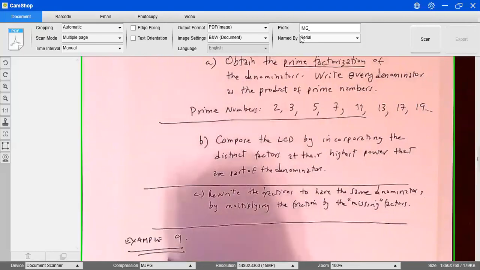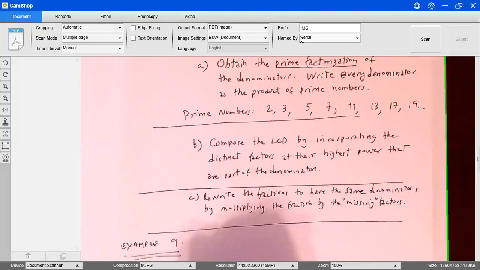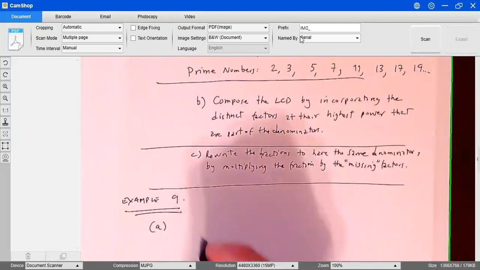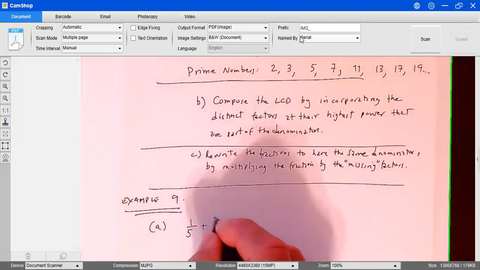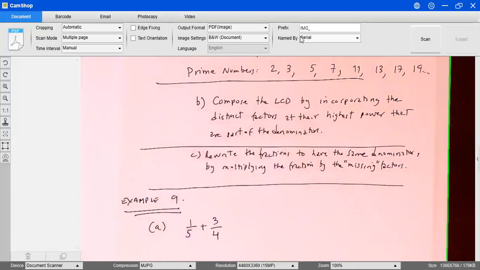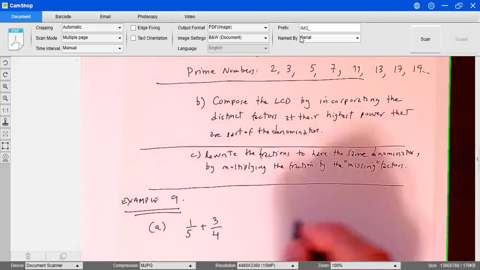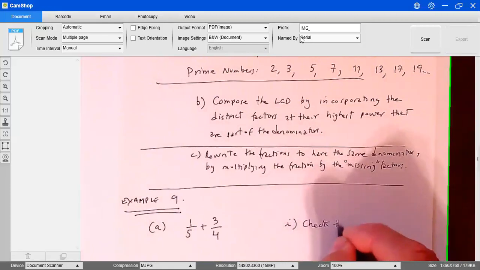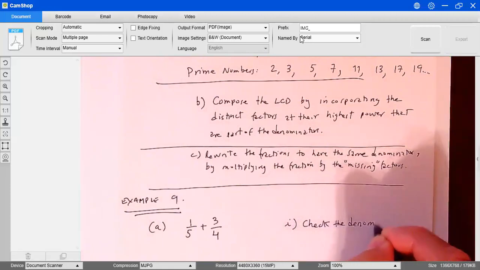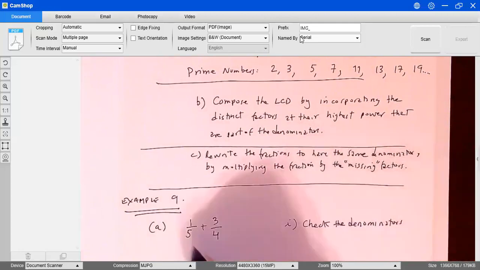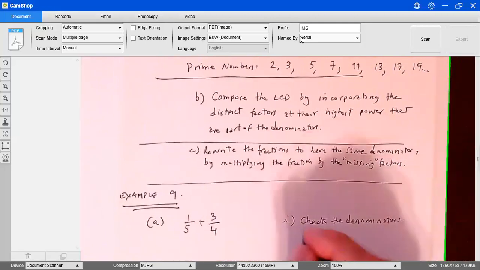So the first case from example 9 is case A, just 1/5 plus 3/4. So what do you do first? You check the denominators, right? And you see that these denominators are different.